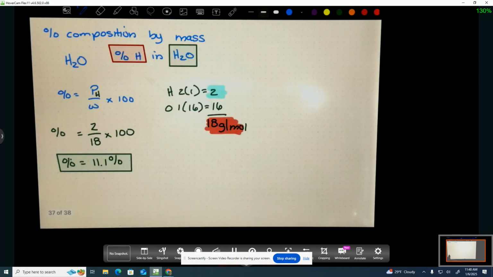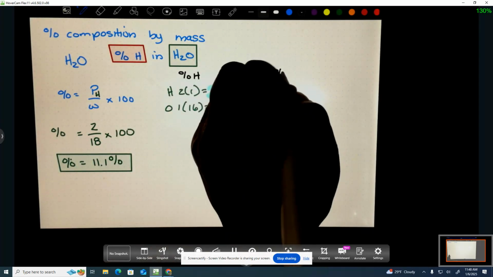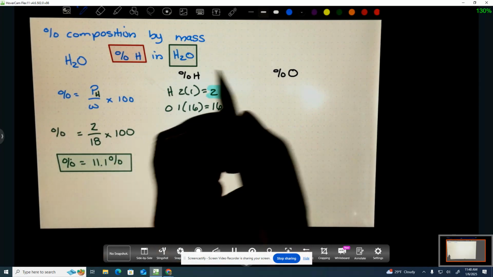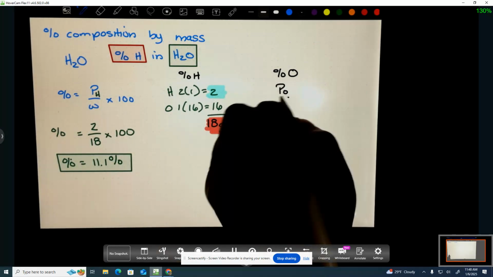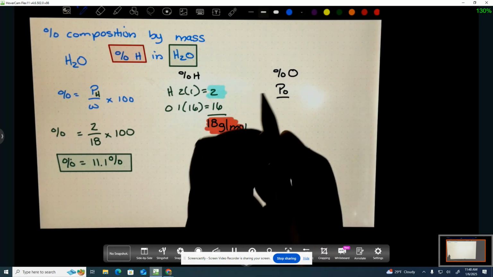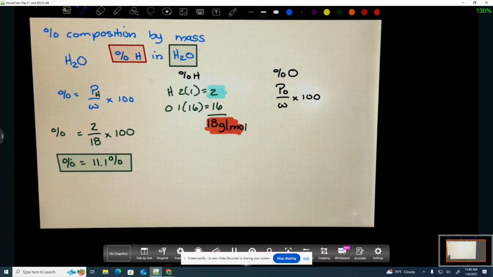Okay. So now this is the percent that's hydrogen. What's the percent that's oxygen? The percent that's oxygen is going to be the part that's oxygen, P part O oxygen, over the whole thing times 100. What part was oxygen?